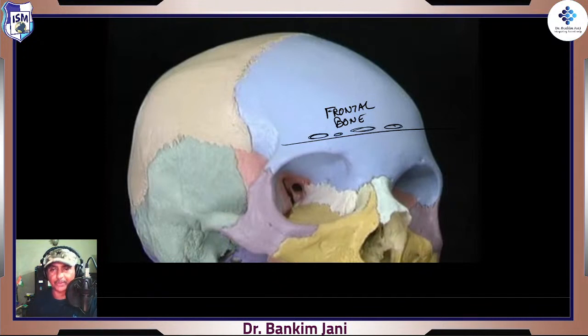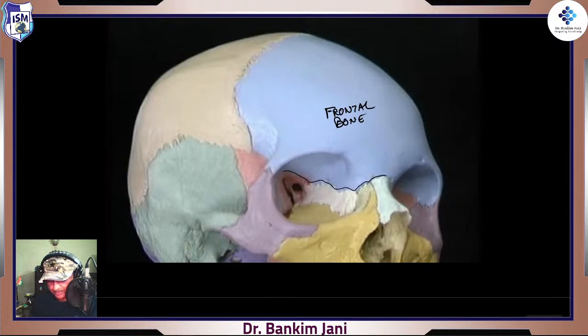They are nothing but frontal sinus. Those are frontal sinus. So this is the frontal bone. Let's remove this so that there is no confusion. This frontal bone is pretty widespread.